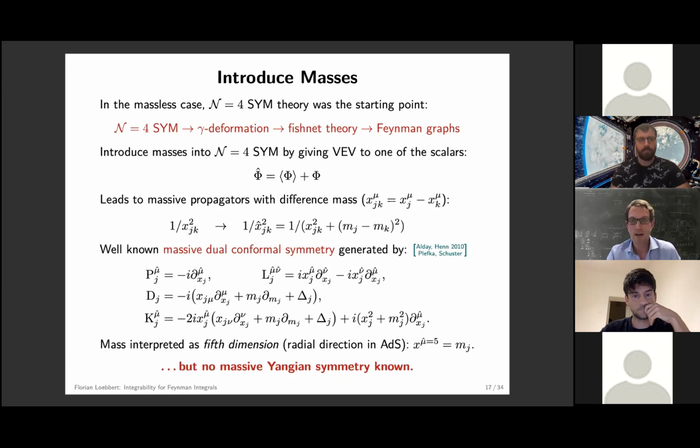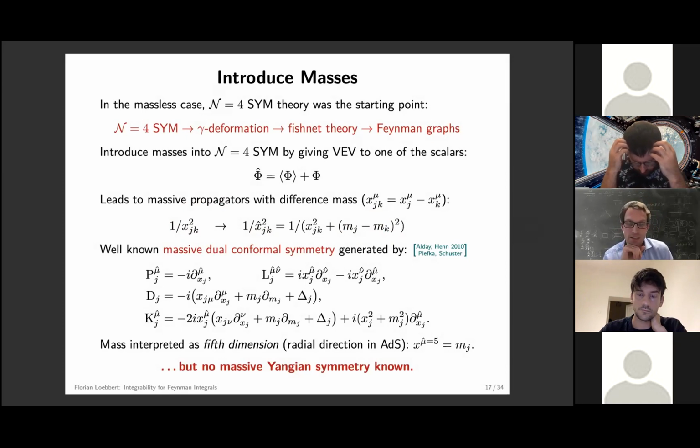Of course, we can give a VEV to one of the scalars, which people have looked at in the past, which then modifies the propagators in this way. So before I had these 1 over x_jk squared propagators, and now I just get the masses, which can be interpreted as a 5th dimension.